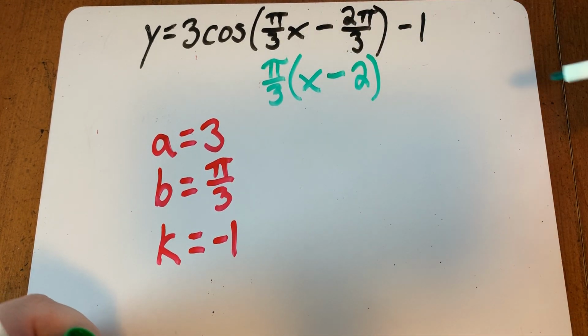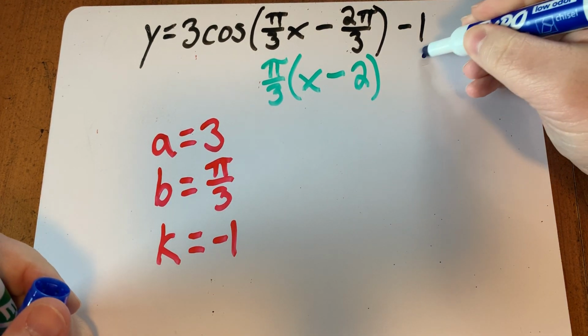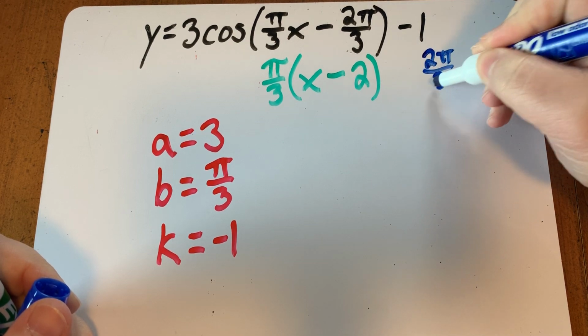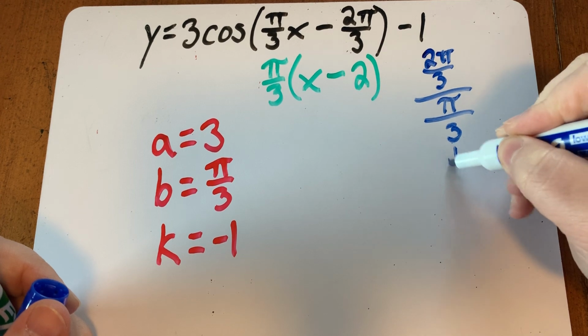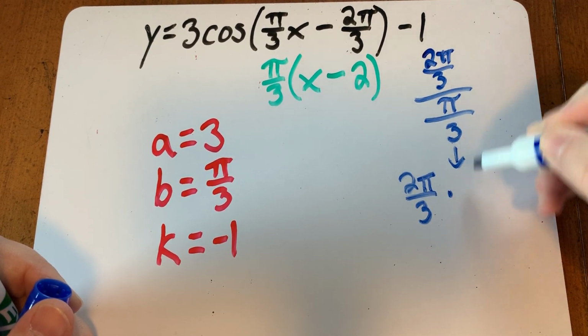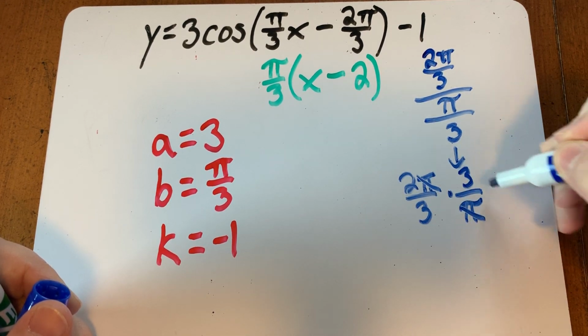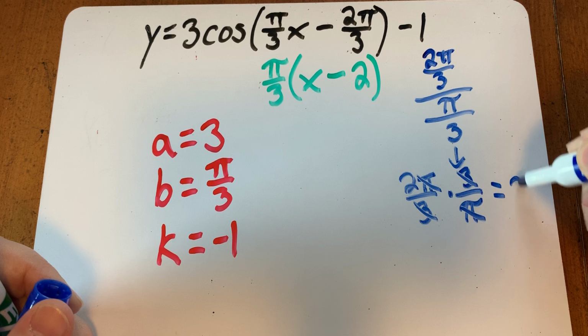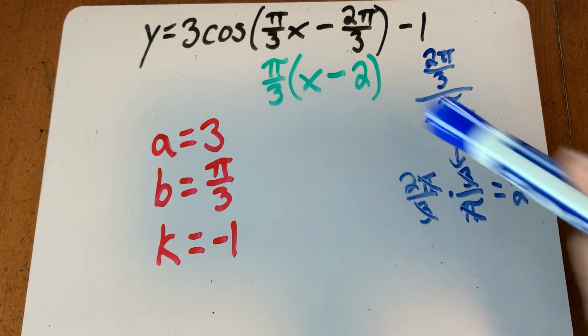Remember, when you're factoring out, what you're doing is dividing. If you do 2 pi over 3 divided by pi over 3, that is the same as multiplying by the reciprocal. The reciprocal of pi over 3 is 3 over pi. The pi's divide off, the 3's divide off, leaving us with that 2. So that's how I got that -2.